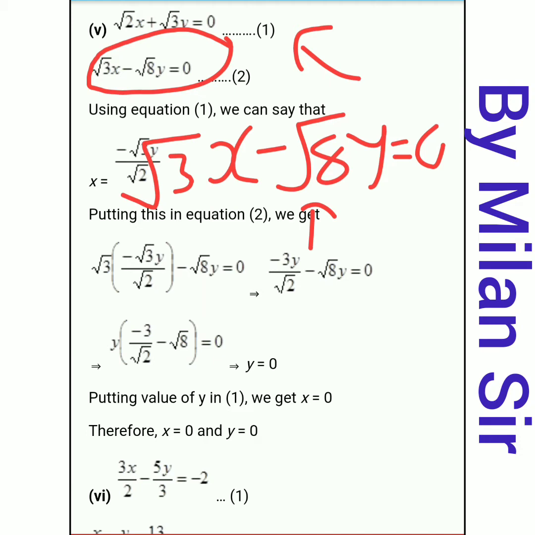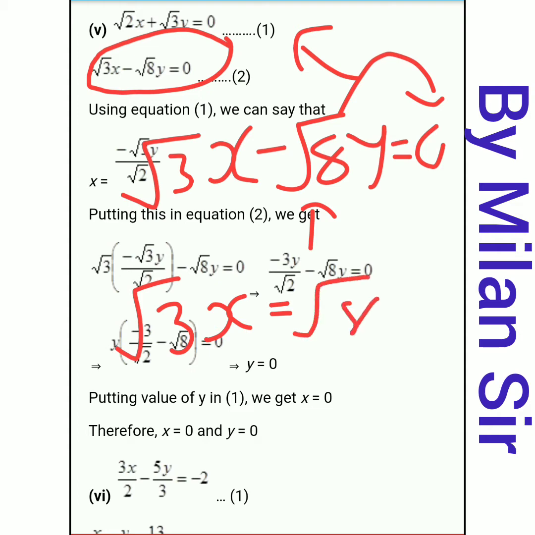So for finding out x, just transfer minus √8y to the right hand side. So what I get, √3x is equal to, now this minus √8y becomes positive if we transfer it to the right hand side. Then for finding out x, transfer this √3 to the right hand side.